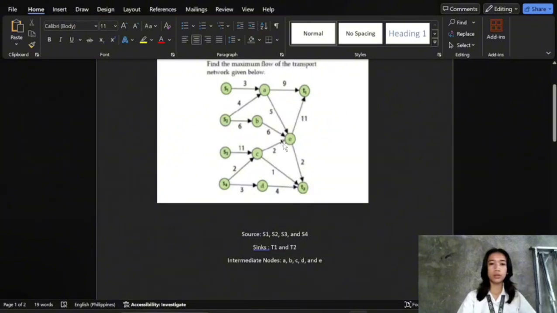The intermediate nodes in this graph are A, B, C, D, and E.